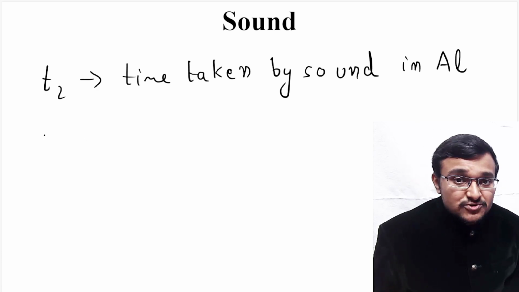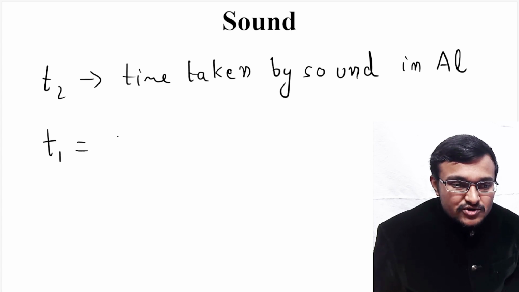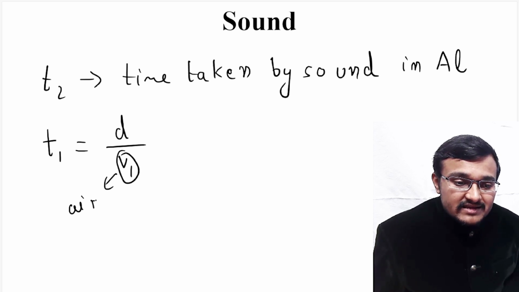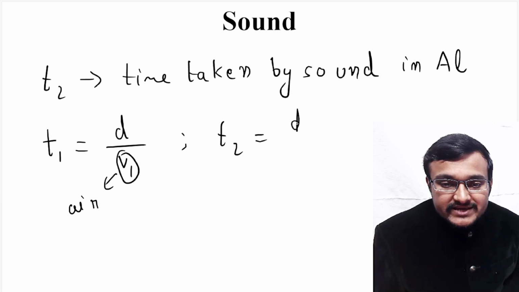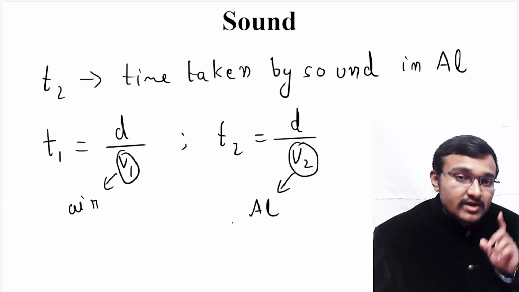Now you have to find the ratio between T1 and T2. So T1 is equal to d by V1, where V1 is the velocity of sound in air, and T2 is equal to d by V2, where V2 is the velocity of the sound wave in the aluminium rod.